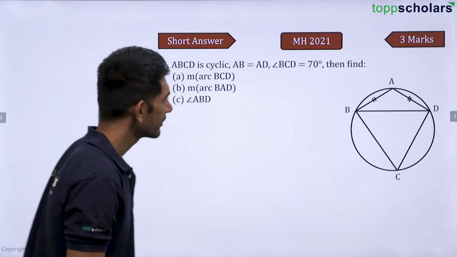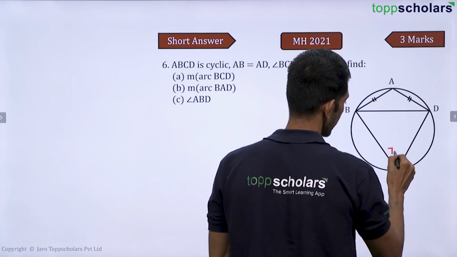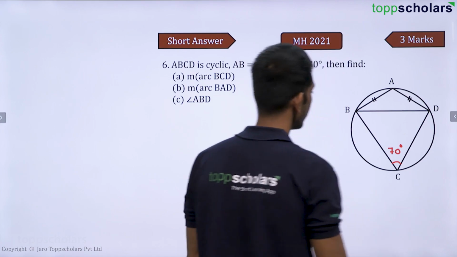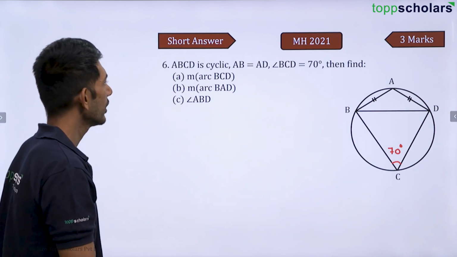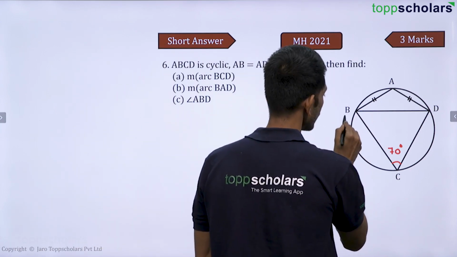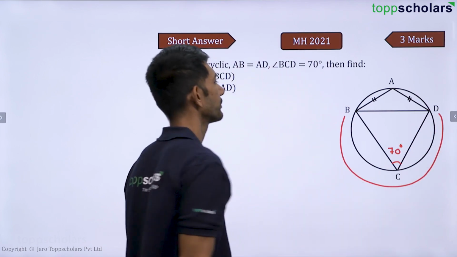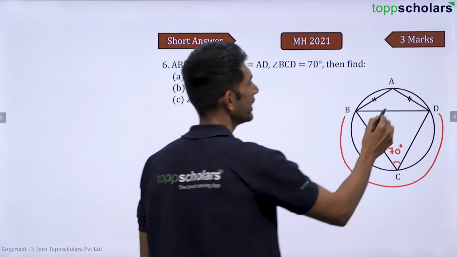Angle BCD, this angle, is 70 degrees. We are supposed to find out three values. Measure of arc BCD, okay, so this complete arc. Then measure of angle BAD, so angle BAD is over here.